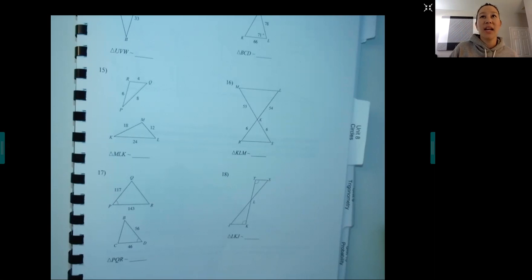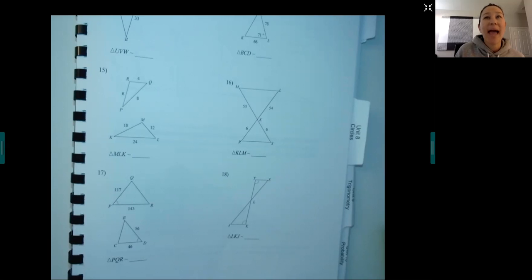Okay, was that enough time? Are you guys done? I don't understand number 12. Okay. So let's just go over what you guys have, because I know some of you have to get to Zooms at 11.